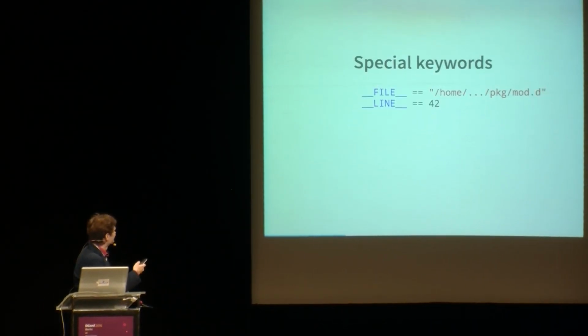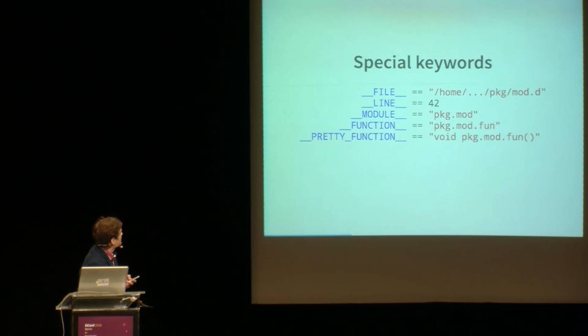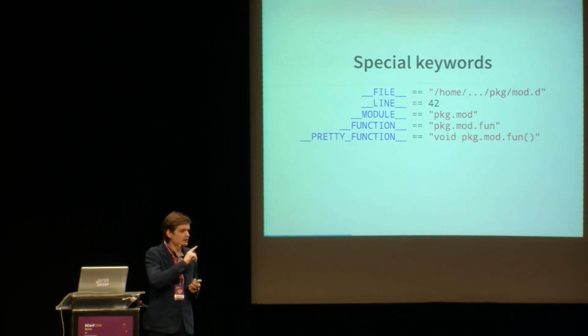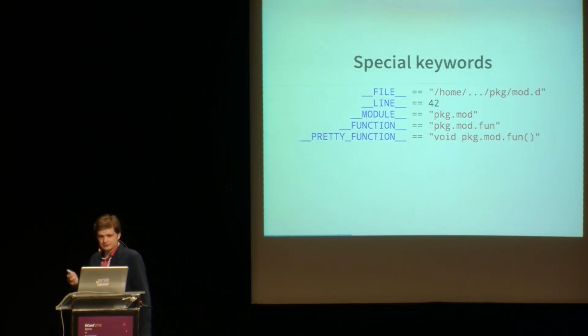Next secret. So you probably know about the __FILE__ and __LINE__ special keywords. They're the same as in C. D also adds a few new ones: __MODULE__, __FUNCTION__ and __PRETTY_FUNCTION__, which are pretty useful for debugging. However, in C these are preprocessor macros. In D they are treated a bit differently.